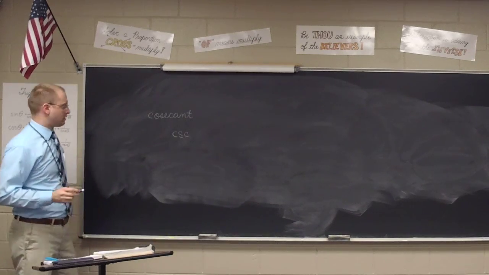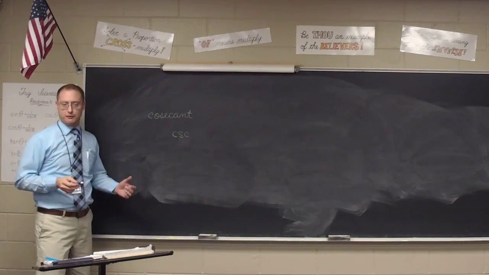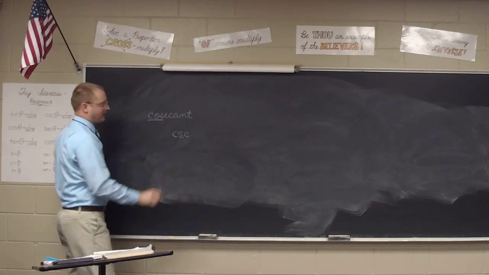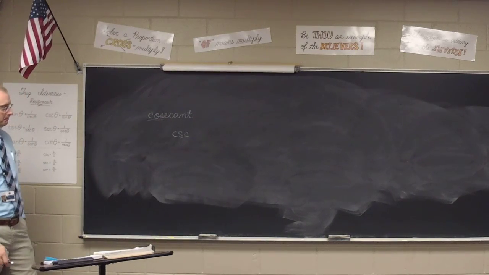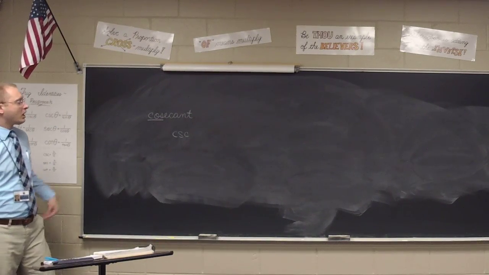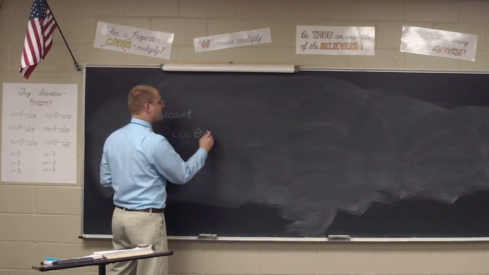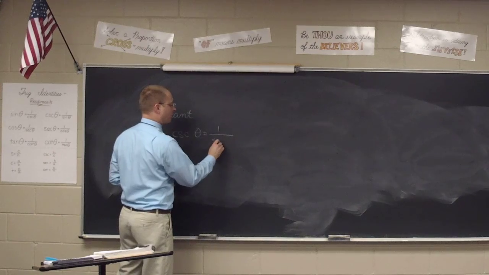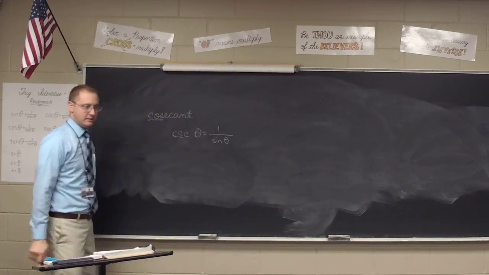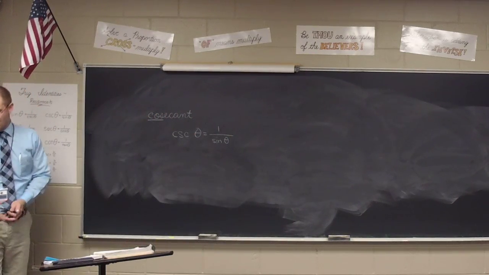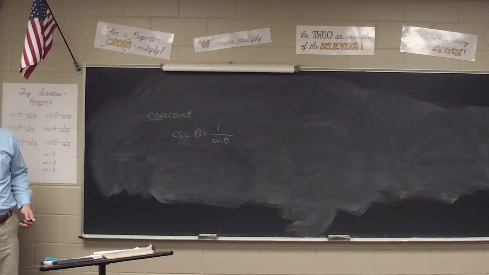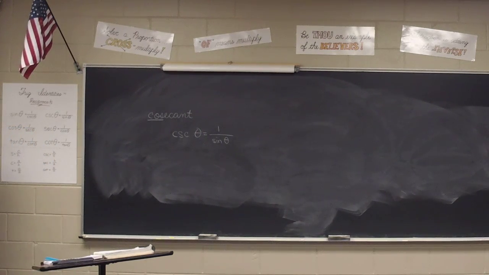You say, what? Well, normally we take the first 3 letters, but why can't we take the first 3 letters of cosecant? Cosine already has COS, so we're going to go with CSC. The cosecant of theta is defined as the reciprocal of the sine.